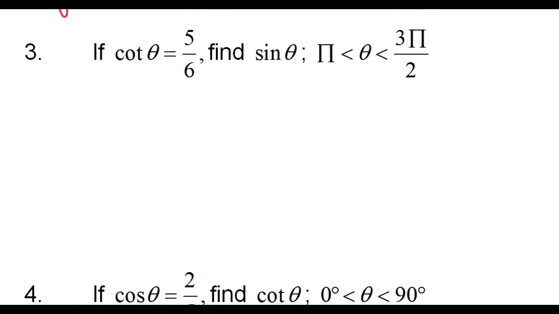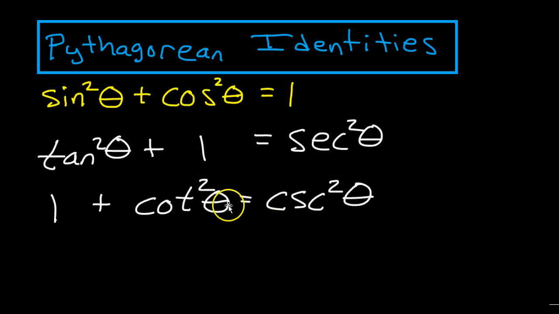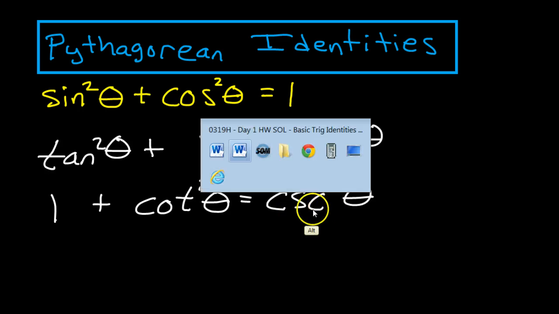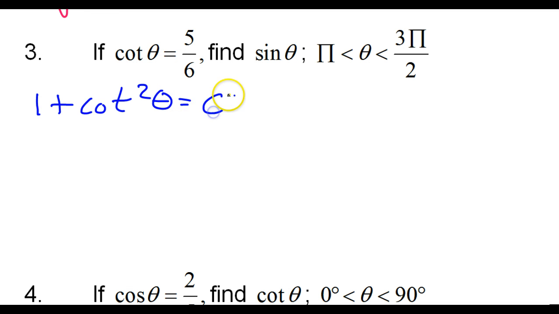Anyway, so number 3. Cotangent. As soon as I see cotangent, I'm looking and I'm seeing, oh look, the third one has cotangent in it. So let me give that a try. Alright, so 1 plus cotangent squared theta is equal to cosecant squared theta. Great.